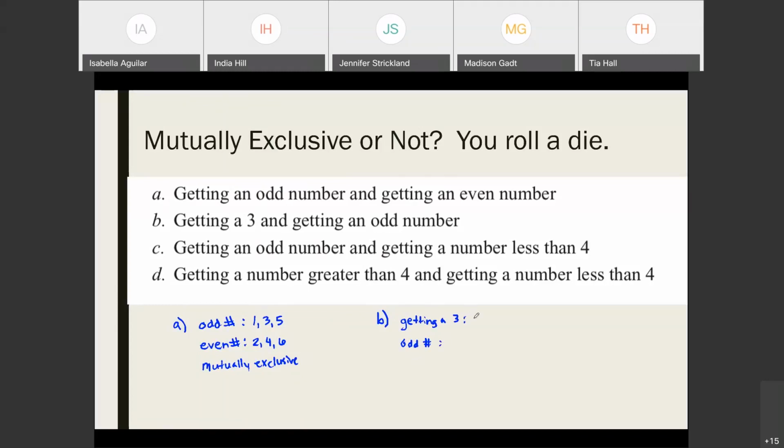Okay, so getting a 3 just means that you get a 3. So that's the only option there. And getting an odd number means you would either get 1, 3, or 5. Okay, these two events are not mutually exclusive because they both have a 3.